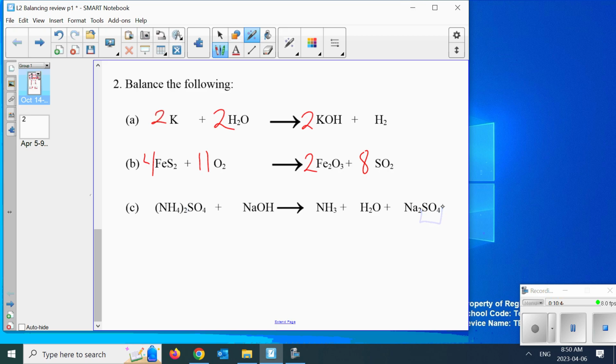I'm going to treat the sulfate as if it's one thing. I'm not going to count it as 4 O's and 1 S. I'm going to count it as SO4. At the moment, this SO4, this SO4 is the same. You can treat it as sulfur, but I consider those oxygens different than these oxygens. It's kind of trapped in that package.